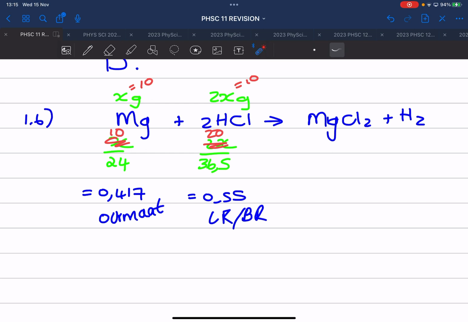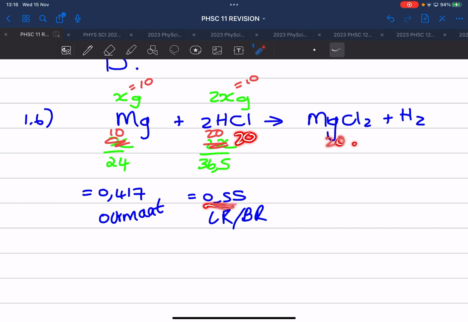Oormaat. Okay, so let's look at our options. Hulle sê vir jou watter van volgende stellings is korrek. Hulle sê vir jou jy gaan x gram hiervan kry. We just said we can't say because this is x, this is going to be x. Kan nie dit sê nie. So A is verkeerd. Hulle sê vir jou jy gaan 2x hiervan kry. Again, jy kan omdat hierdie 20 is, beteken nie hierdie gaan 20 wees nie.